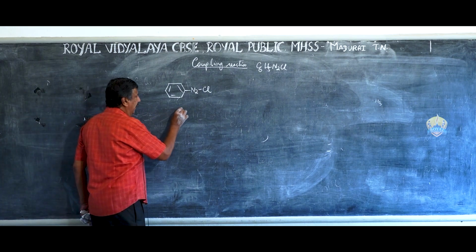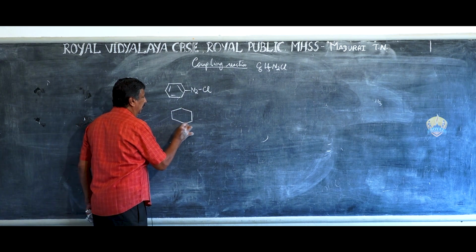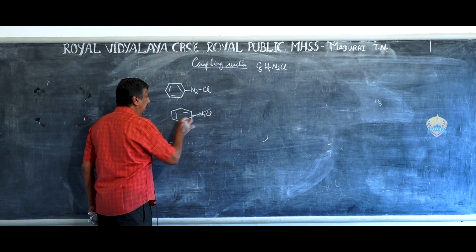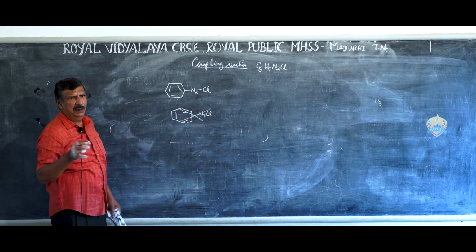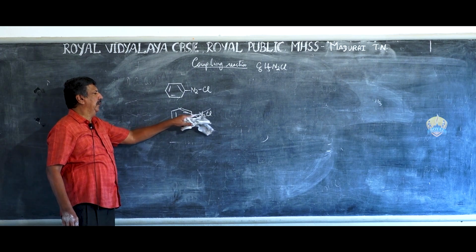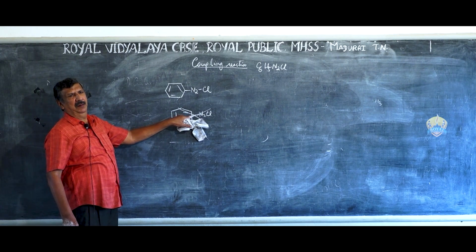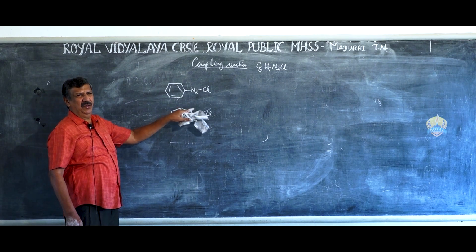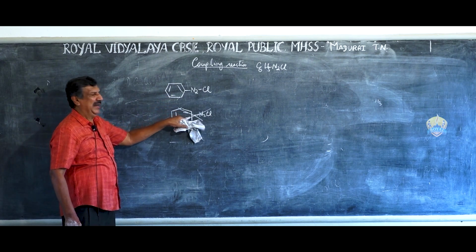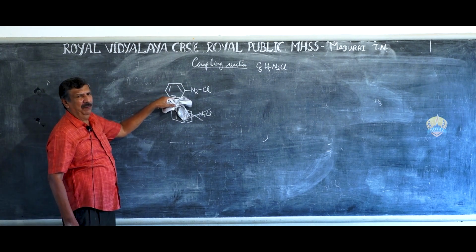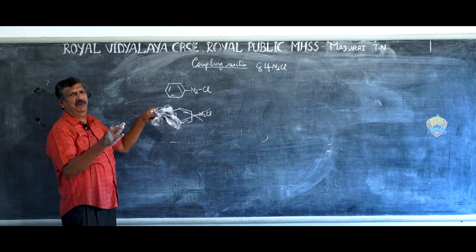But don't write it like this; this is totally wrong. Why? Because you are not linking to the carbon; you link to the middle of the carbon. So chemically it is wrong. For this reaction, you should write the benzene in the flat form.